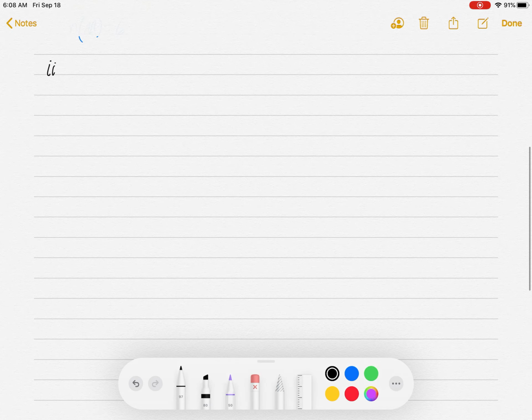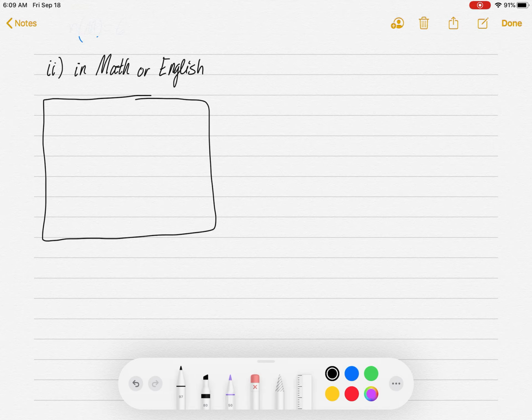I'm going to draw a Venn diagram again. Okay, out here is the sample space. This would consist of all soccer students. Then we got the math. Then we have the English. They're overlapping somewhere in the middle.